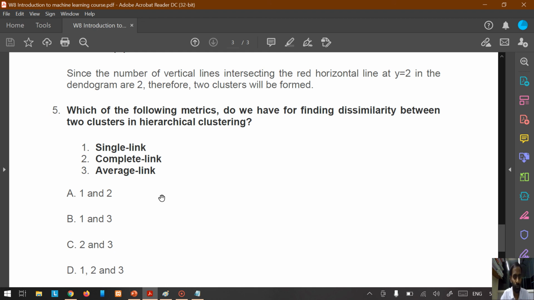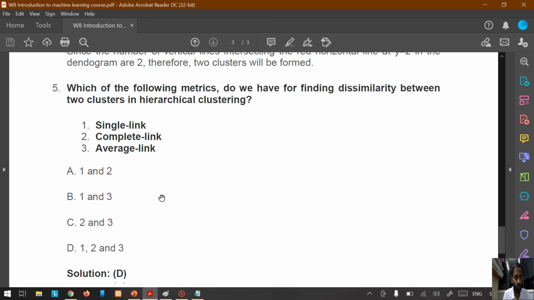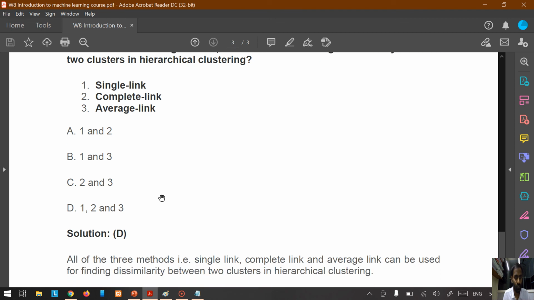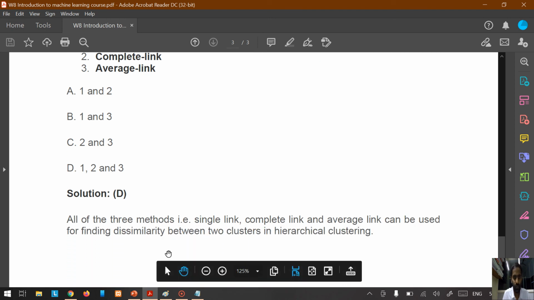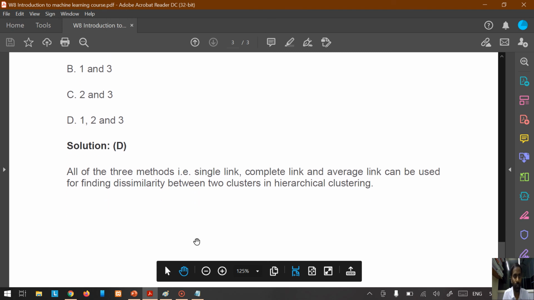Apart from that, there are two more links, centroid link and Ward's link. These are the different types of links we use to find dissimilarity between two clusters. That's why the option is 1, 2, and 3, option B. Thank you.